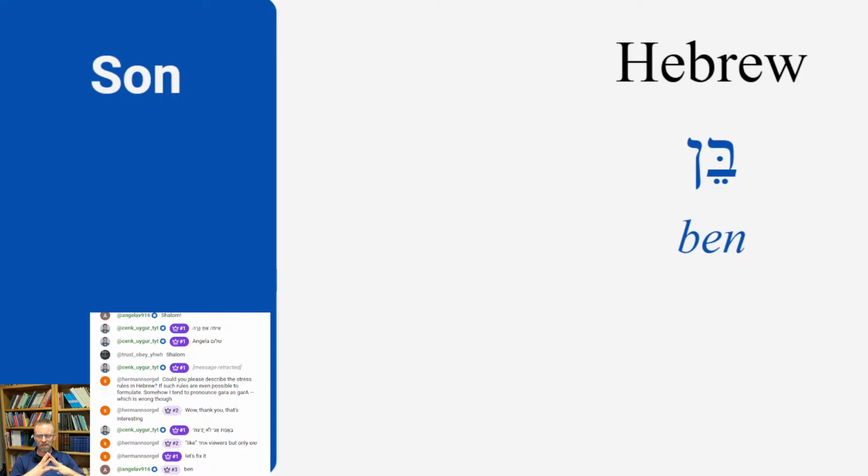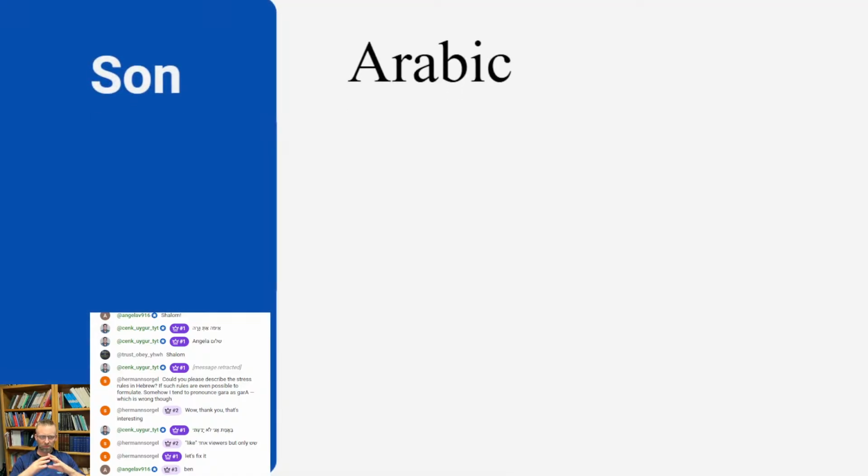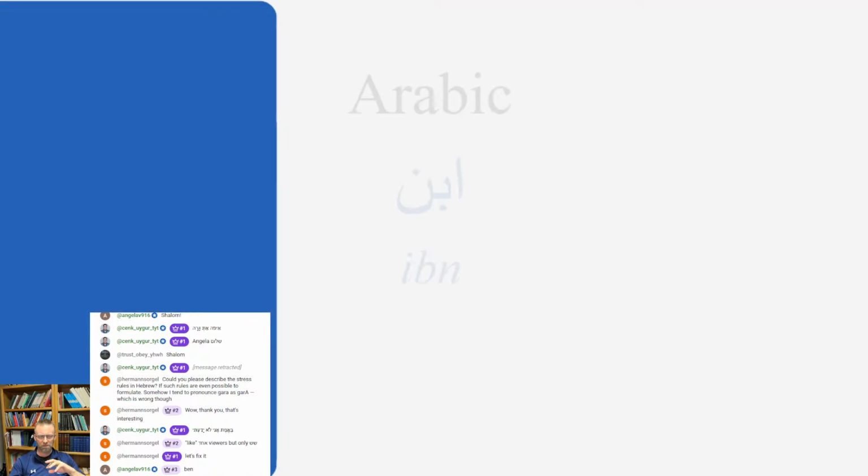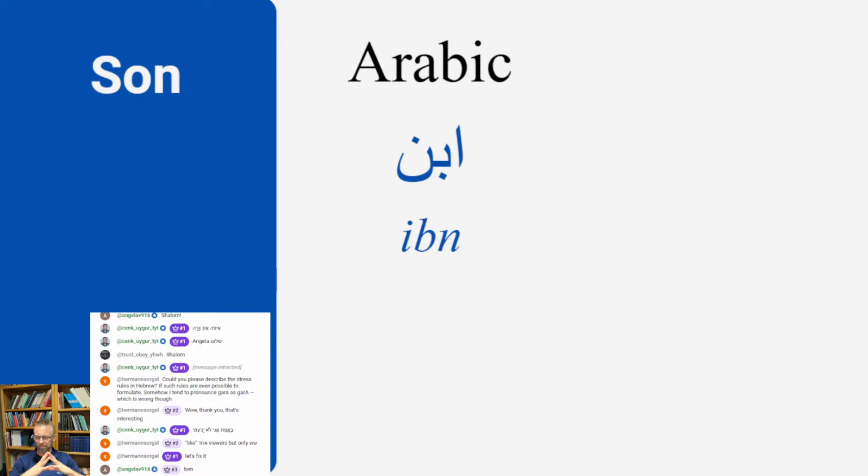And Angela is correct. It is Ben. Ben, and that means son. In Arabic, ibn. The alif at the beginning and the I vowel that goes with it is not really a part of the word.